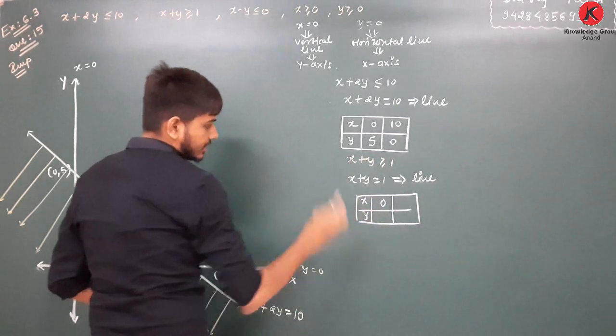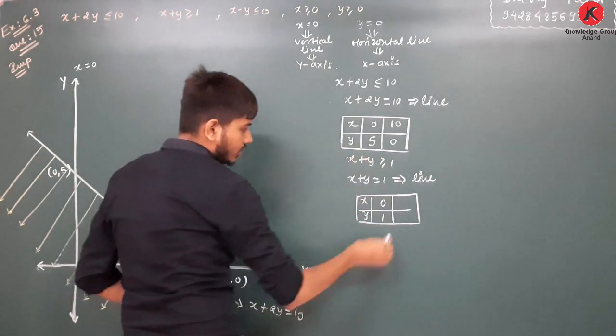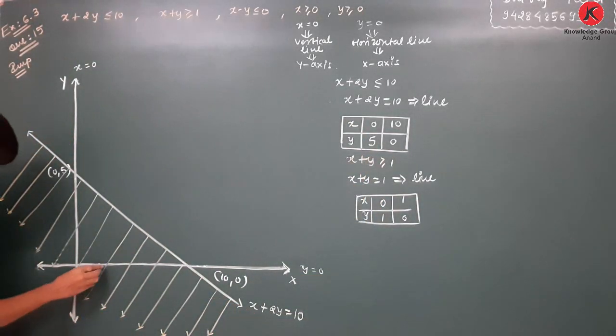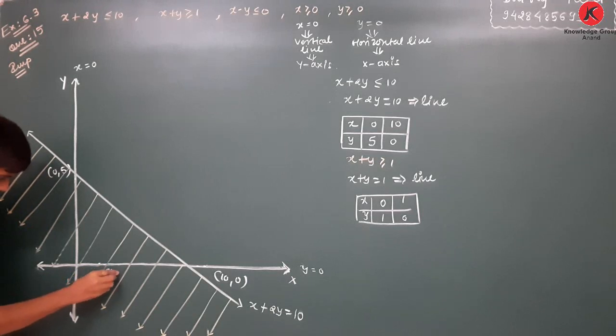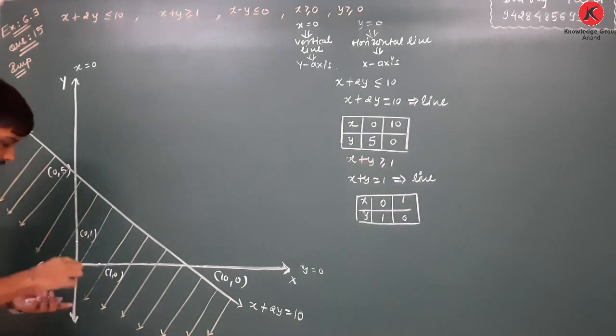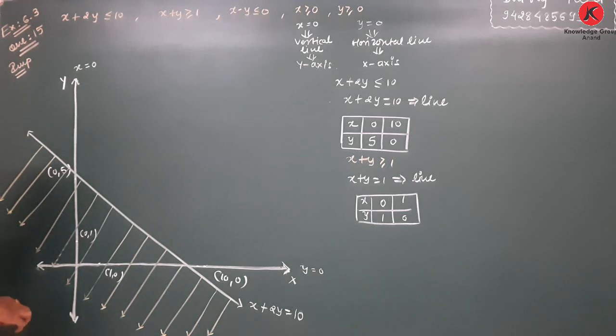So I am taking x equals to 0, then y equals to 1; y equals to 0, then x equals to 1. Therefore, the point (1, 0) is here, (0, 1) is here. Now draw the line passing through the points (1, 0) and (0, 1).